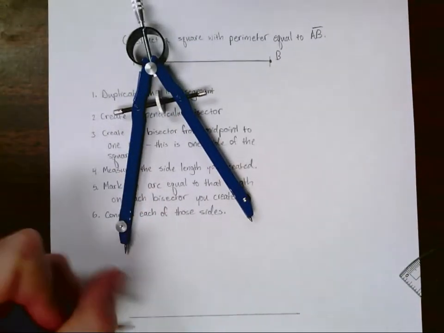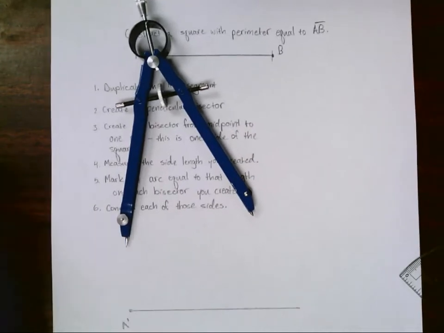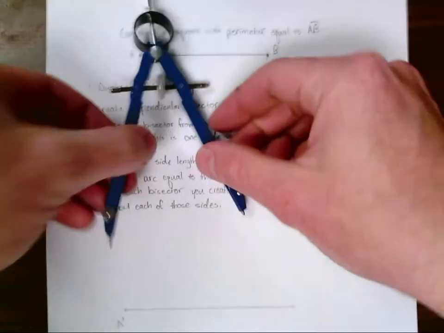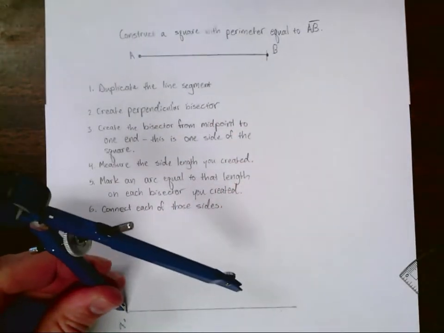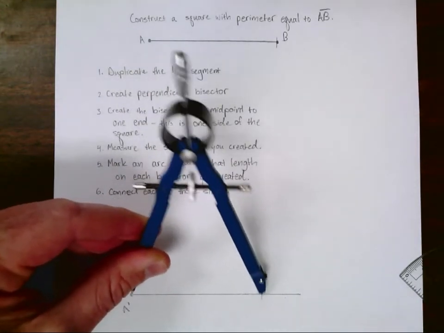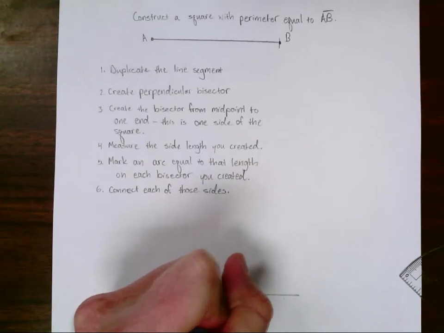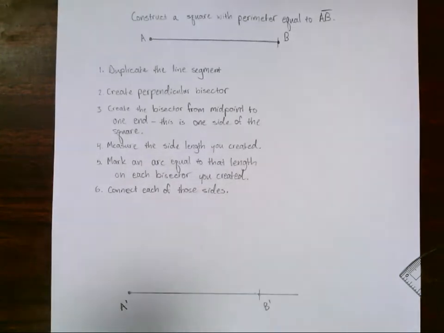Okay. Label A prime on your starter line and duplicate line segment AB. Let's label that B prime.